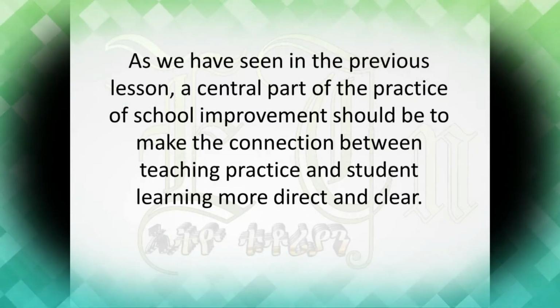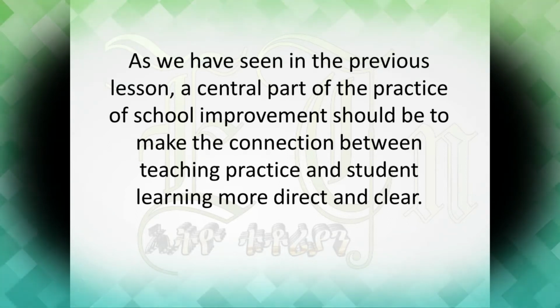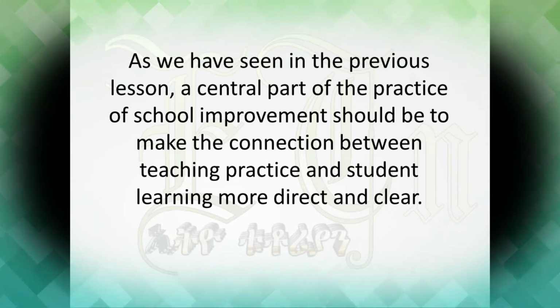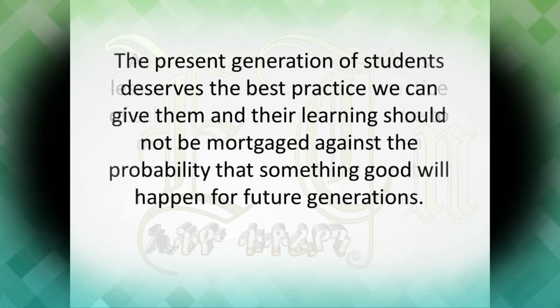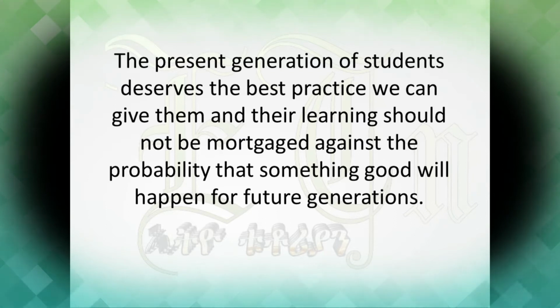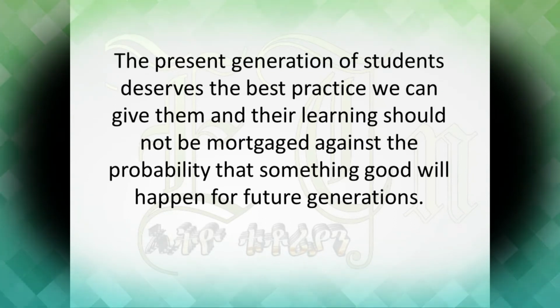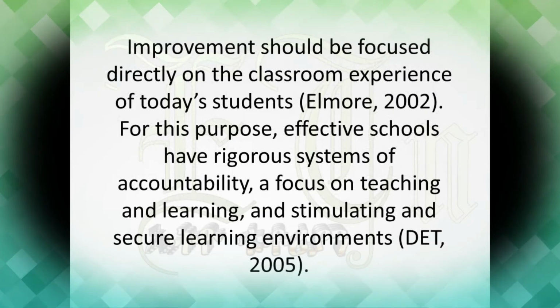Nice. As we have seen in the previous lesson, a central part of the practice of school improvement should be to make the connection between teaching practice and student learning more direct and clear. The present generation of students deserves the best practice we can give them, and their learning should not be mortgaged against the probability that something good will happen for future generations.